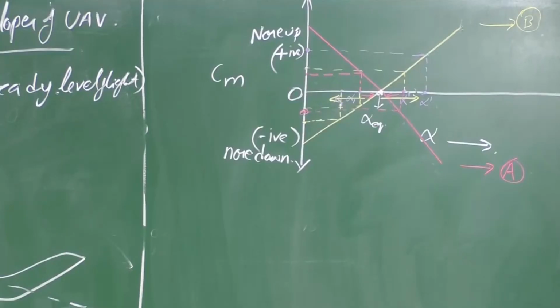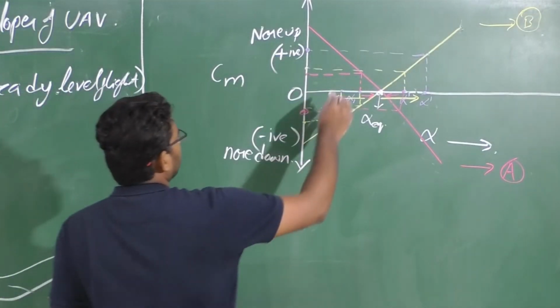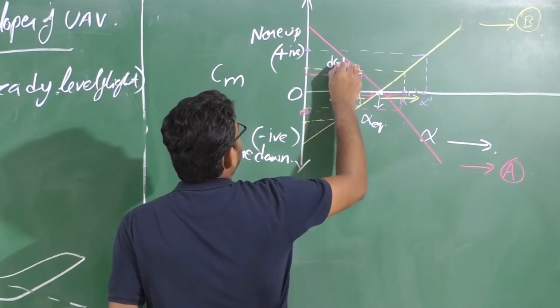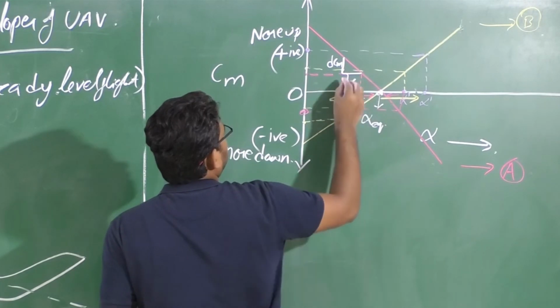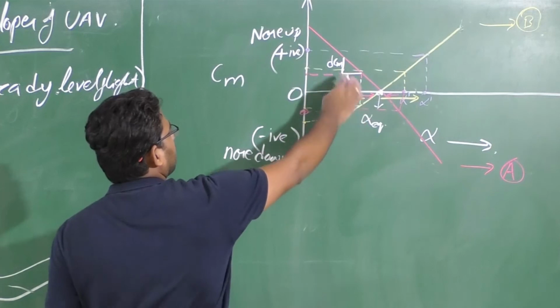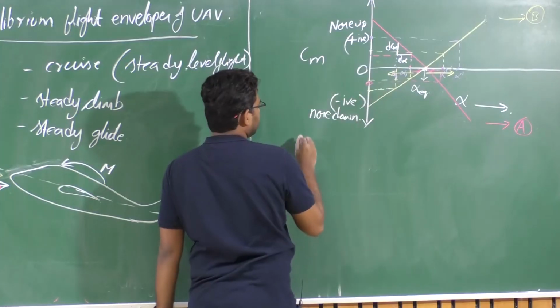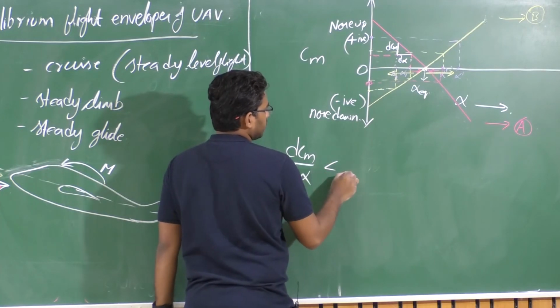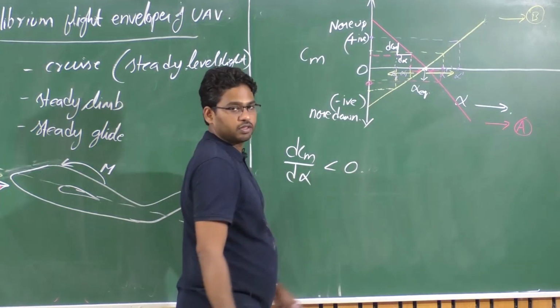So one condition that we can observe is the slope here. If you look at the slope, the change in pitching moment due to change in alpha, right? So this corresponds to alpha 1, alpha 2, the change in alpha. So the change in pitching moment with change in angle of attack should be negative, right? Or less than 0 here.